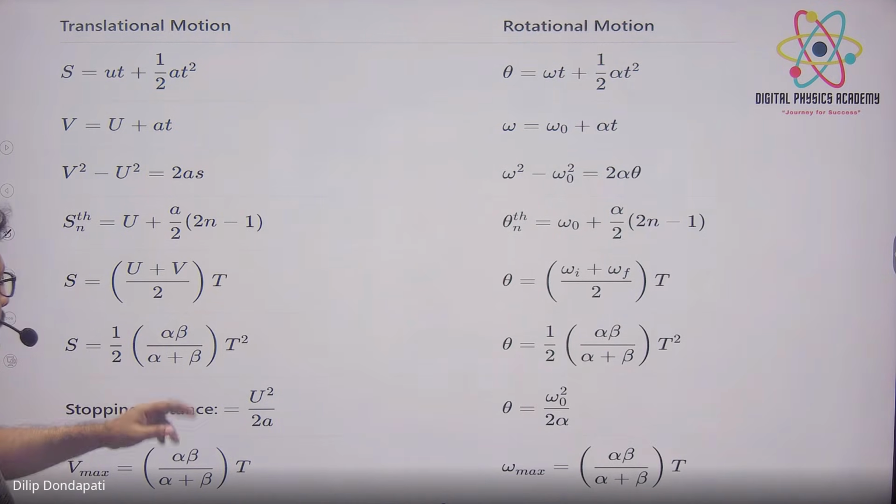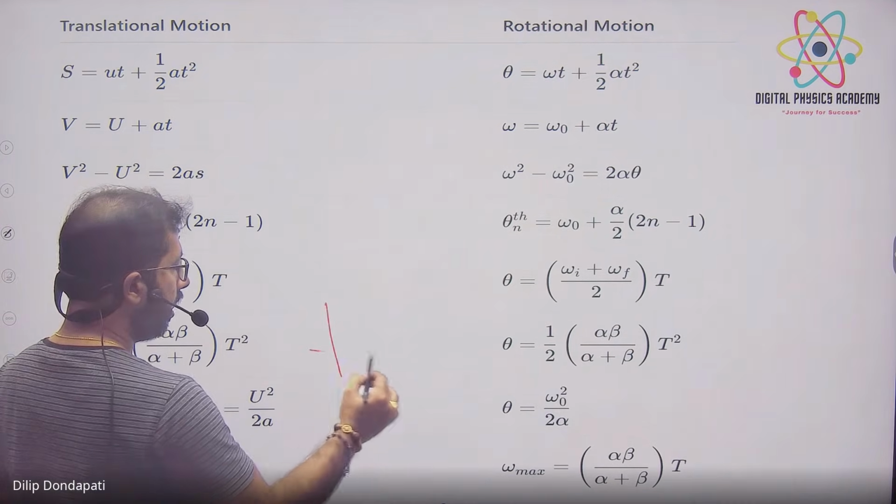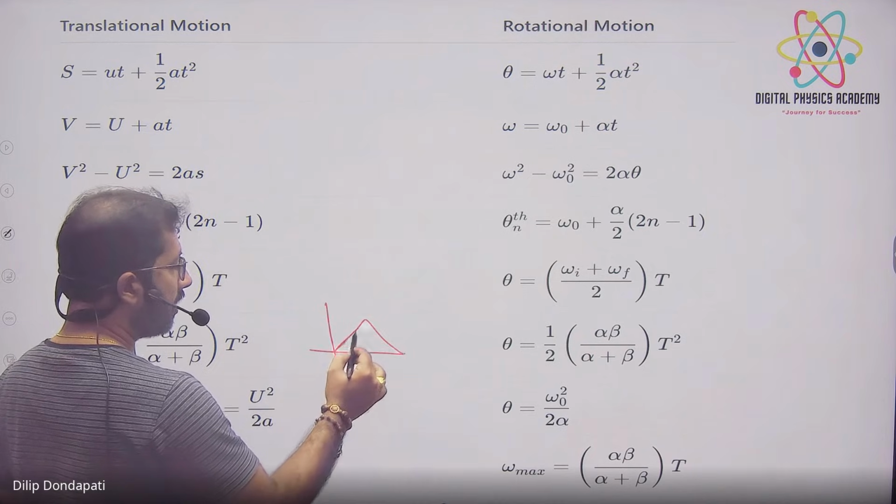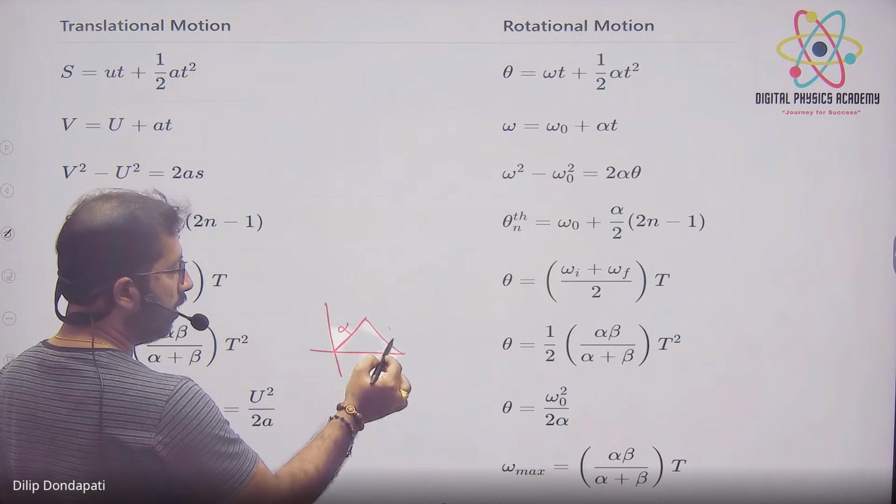Sir, या sir, what are alpha and beta? ये याद है अल्फा बीटा, हम लोग we done like this: acceleration is alpha, retardation is beta.